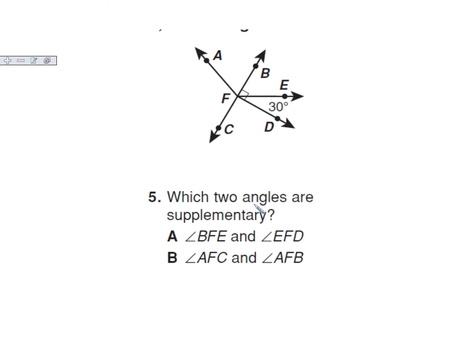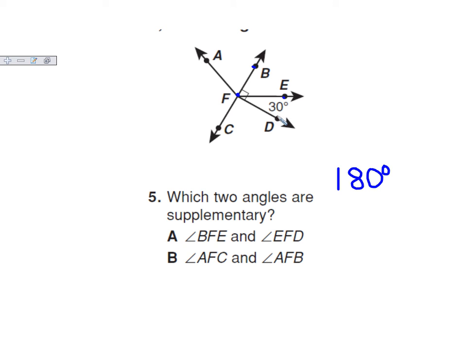Okay, which two angles are supplementary? Supplementary angles are two angles whose measures add up to 180. So if you put the angles together, they would form a straight line. So let's see here. We have BFE and EFD.